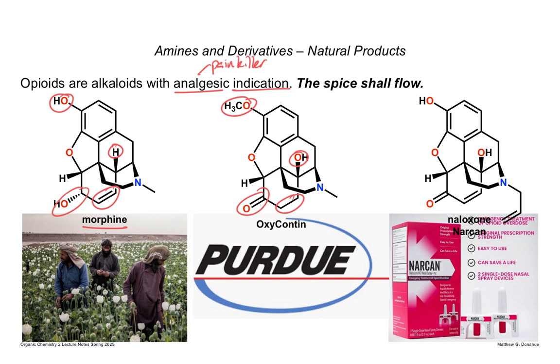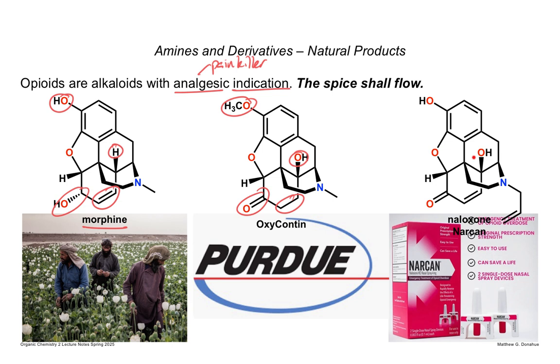This molecule here, it's buried in there, but it's naloxone, and it's sold as Narcan. You can see the subtle differences between OxyContin and that. It's an agonist or antagonist, one of those things, basically. This thing likes to bind to the receptor more than that.